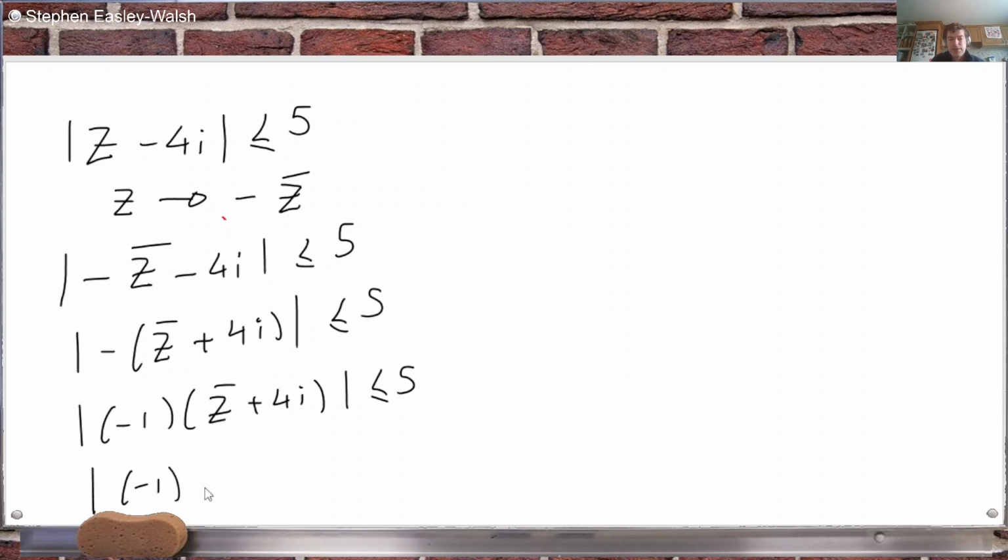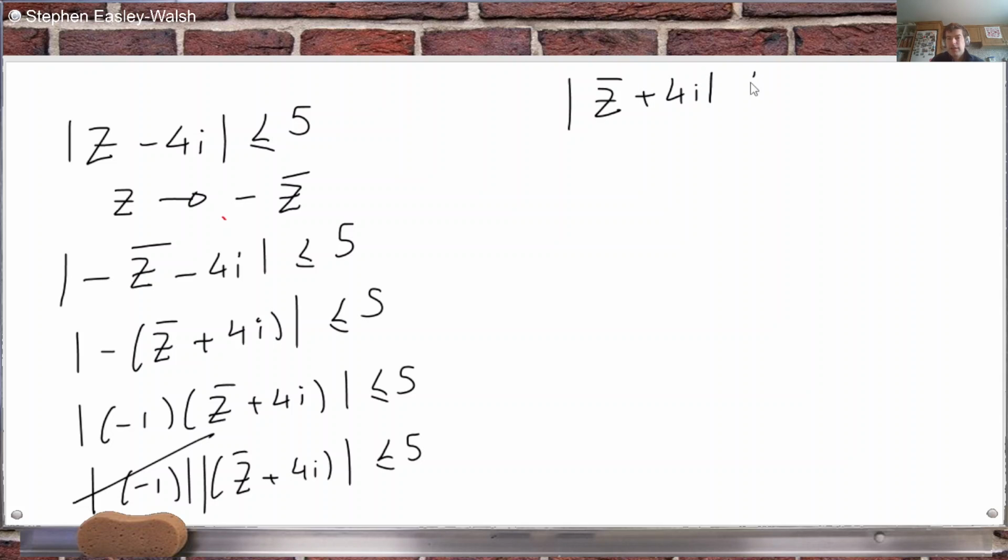So that's modulus of minus 1 times modulus of z conjugate plus 4i less than or equal to 5. Modulus of minus 1 is gone. So now you're just left with the modulus of z conjugate plus 4i less than or equal to 5. And now we can conjugate both sides. So conjugate the z, you're just left with z. And then conjugate the 4i, you're left with minus 4i. And conjugate the 5, you're left with 5. So it's the same set.